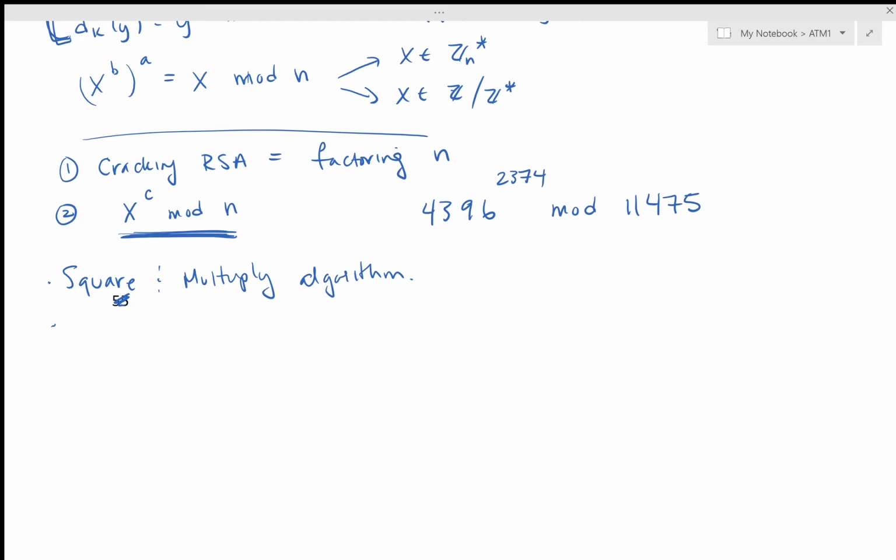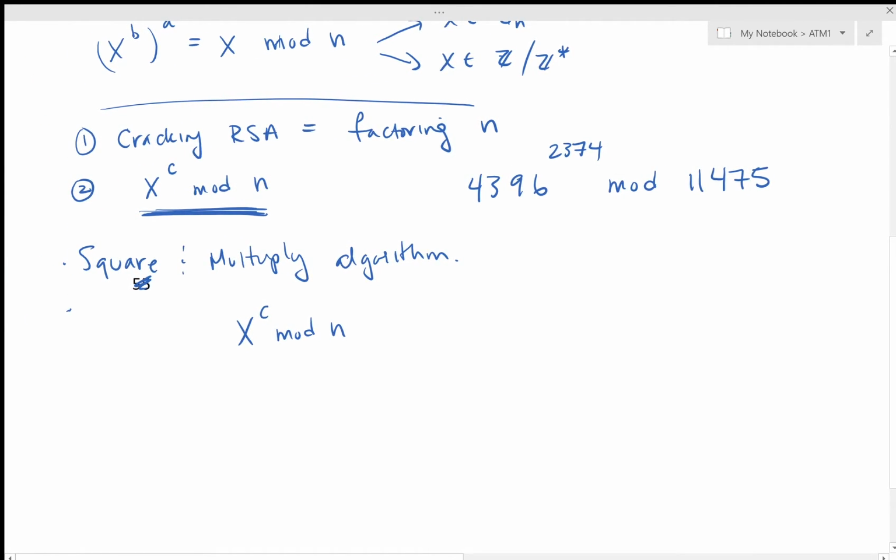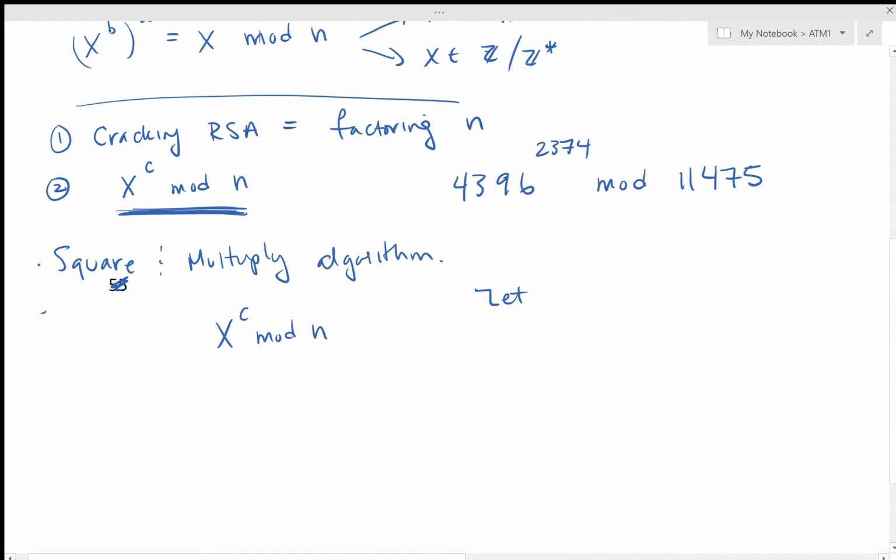Let me give you the result before I show you how the algorithm works. We have x to the c mod n. We're wondering how many computations that will take. Let L be equal to the number of bits in c, and let k equal the number of bits in x.